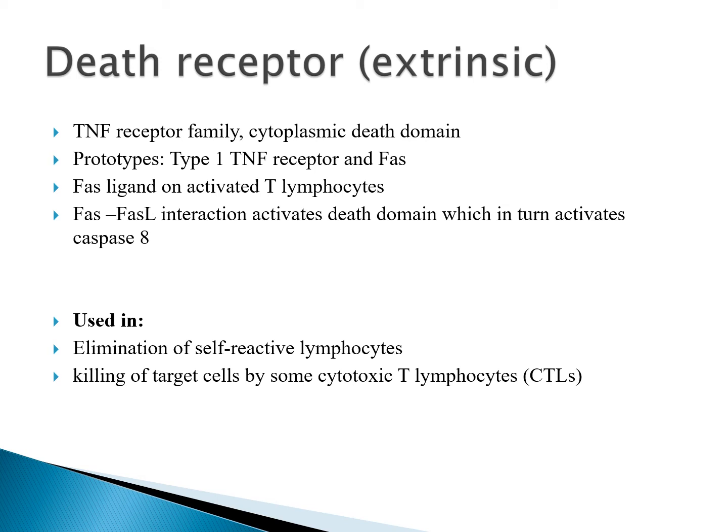This FAS receptor usually binds to its ligand, which we call the FAS ligand. This ligand is usually located on the surface of activated T lymphocytes. When the FAS ligand of activated T lymphocytes binds with the cells expressing the FAS receptor, which are the cells that are going to die by apoptosis, there will be binding between the FAS ligand on the surface of the activated T lymphocytes and the FAS on the surface of the cell that will die.